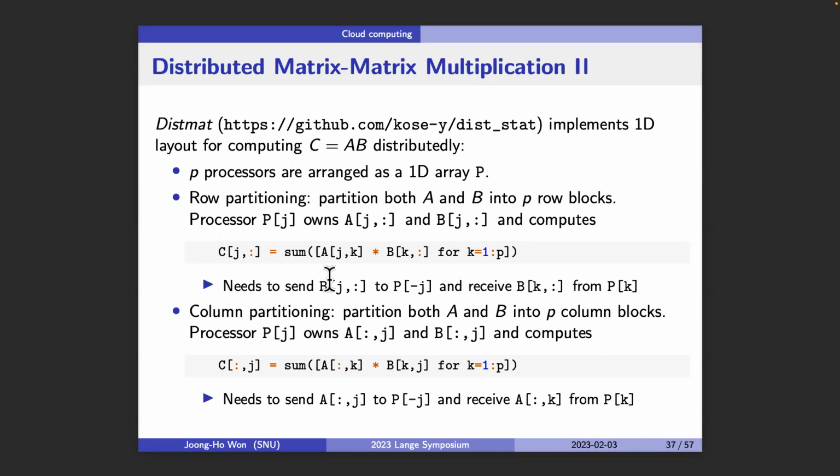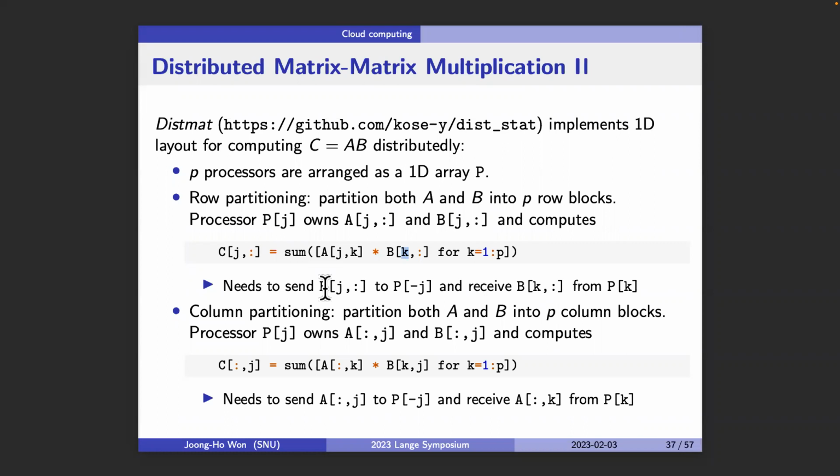But the implication is that because it involves this K index, which is not necessarily available for a processor J, it needs to send its own chunk of B to other processors, and also receive the chunks that other processors own to do this computation.